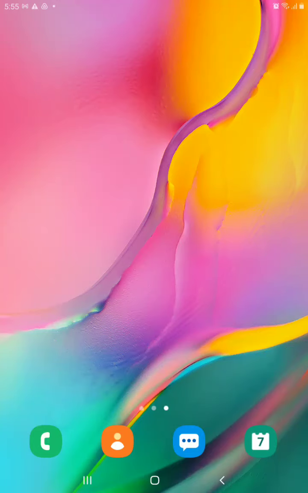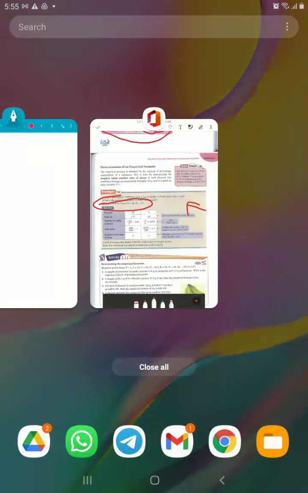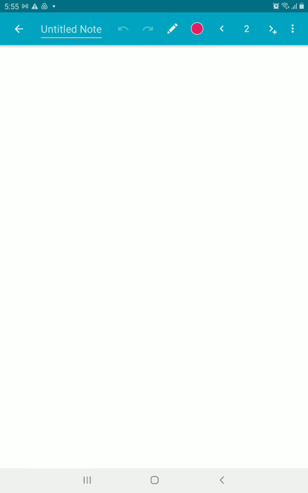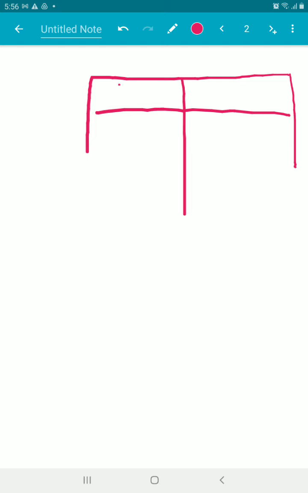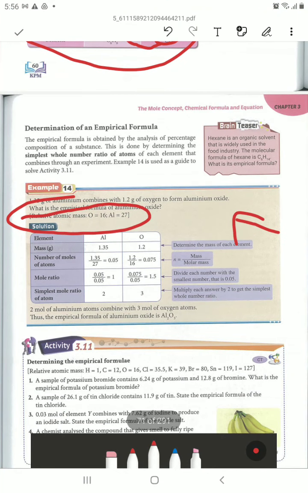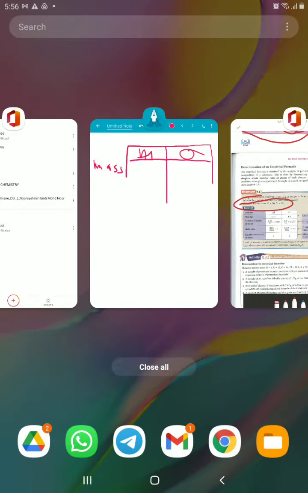Then the first row is the mass. Okay, I redraw it. This is the column for aluminium and this one for oxygen. Then the first is mass. From the question, the mass of aluminium is 1.35 and oxygen is 1.2.